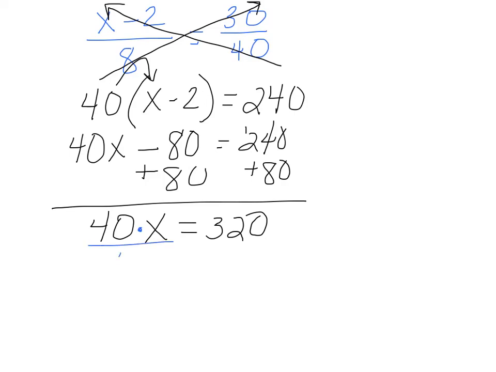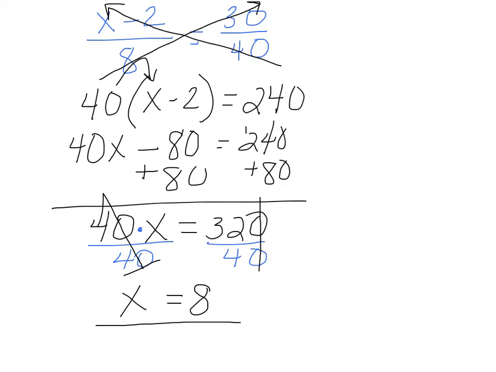So the opposite is to divide by 40 on both sides. I'm left with an x equals, because I've made an equivalent form of 1. Now I can see that both of these guys have a 0, which means I can divide by 10 and cross it off. And 32 divided by 4 is 8. So x is equal to 8 in this problem.